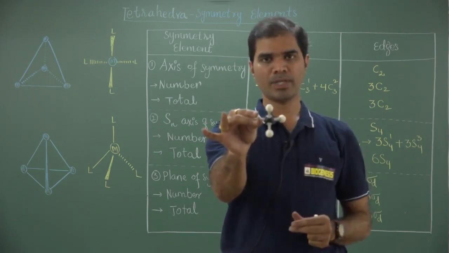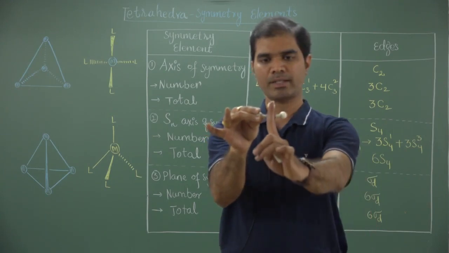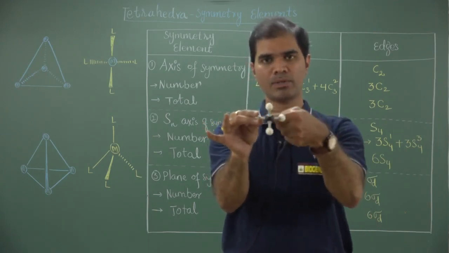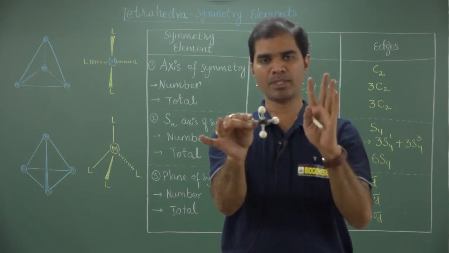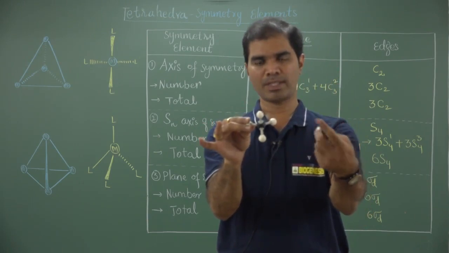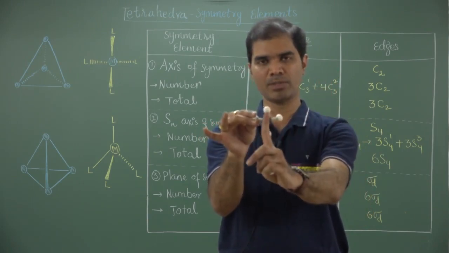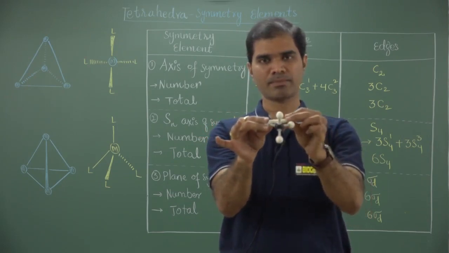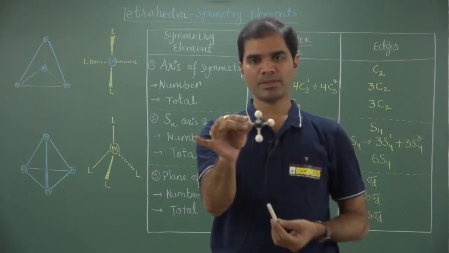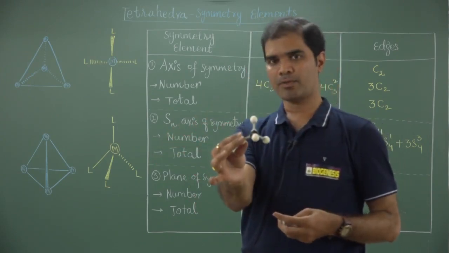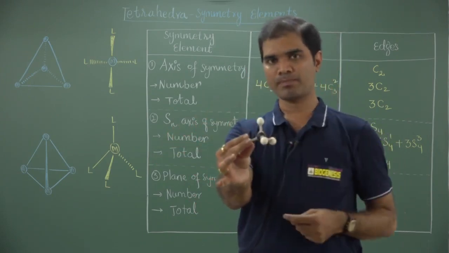Once you hold it in this manner, you can check these 2 are vertical with respect to you, these 2 are horizontal with respect to you. There should always be some reference. That reference point is you. With respect to you, this is vertical, with respect to you, this is horizontal. So this is the third representation above, and this is the 4th representation below.